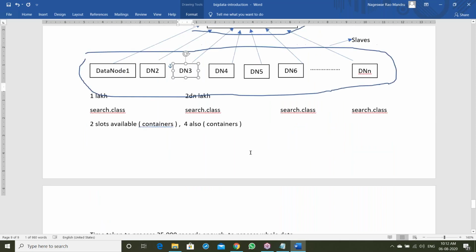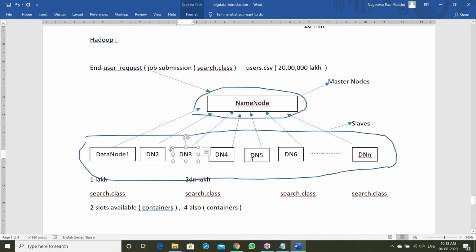If multiple nodes are processing data, that gives more performance, right? In a traditional system, only one database server has to process data. But in Hadoop, data is distributed onto multiple nodes in the cluster.